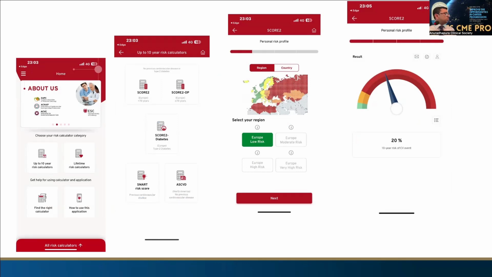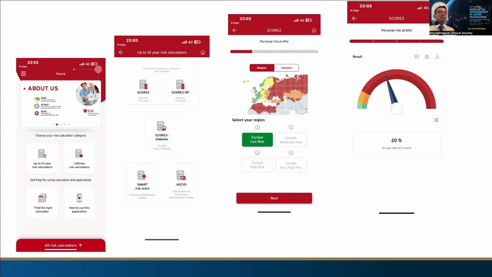But if you want to use these risk calculators for your patients when they come to you, that is again practicable, and they will give almost similar or closer LDL target values. The ESC score also comes as an app, very easy to install, and you can use it depending on your patient. If the patient is less than 70, these are primary prevention.